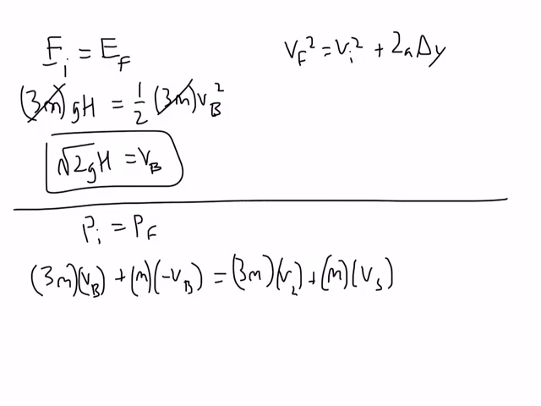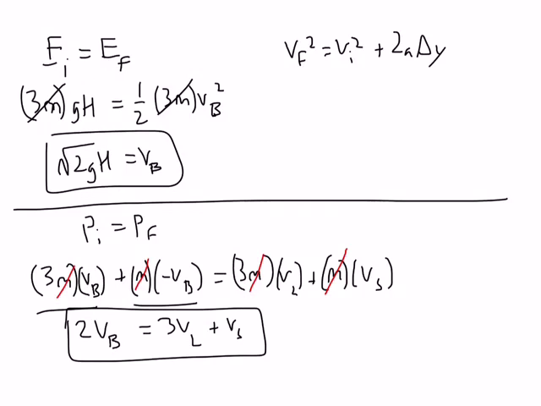The first thing we notice is that there is an m in each one of those terms, so I can cancel it. Now we can do some combining. We have 3VB minus VB, that is 2VB. This side, we have 3VL and 1VS. And so we have now derived an equation that relates those three things we were asked to relate. And that's it, we're done. Momentum conservation by itself got us the answer.